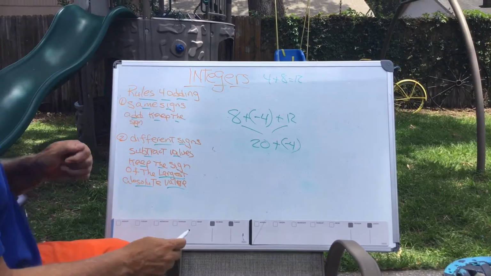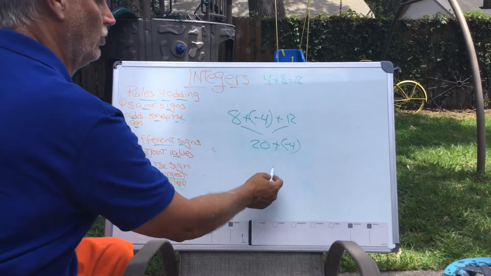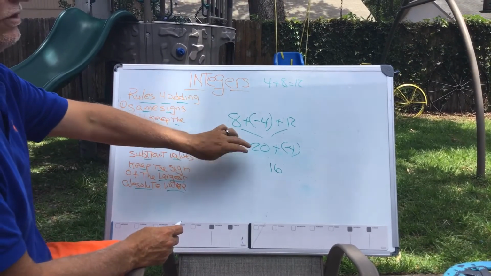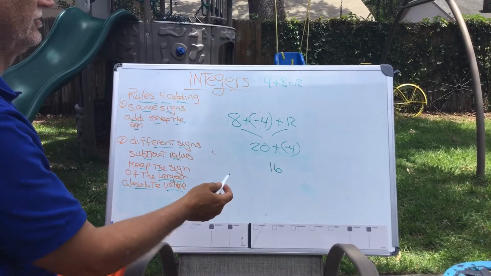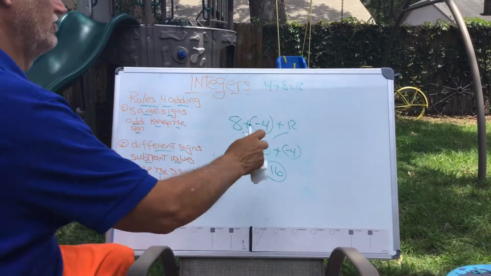Those are different signs, so I have to subtract. 20 minus 4 is 16, and the 20 is positive, so my answer is a positive 16. Again, pretty straightforward.